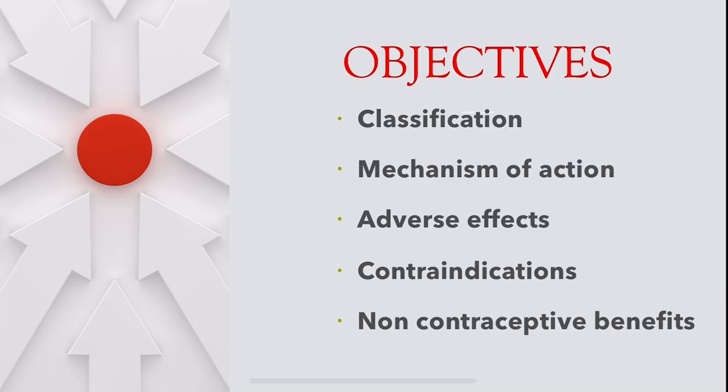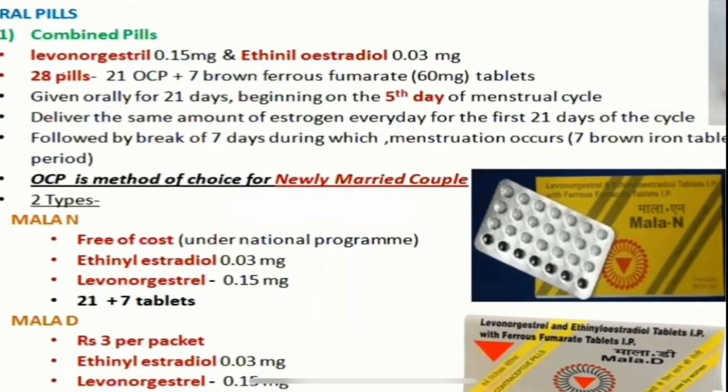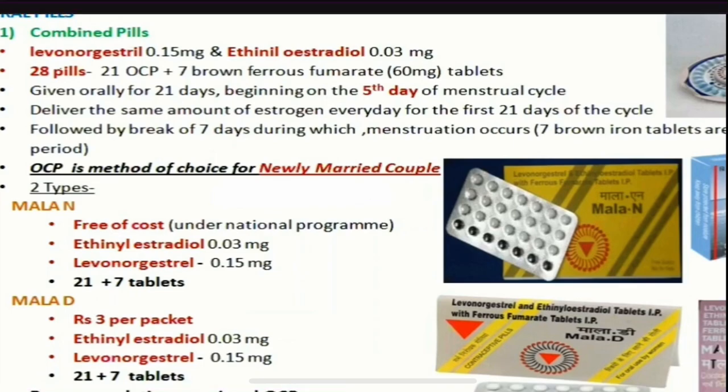Under the combined pills, we know that it is one of the major spacing methods of contraception. What is the content? It contains levonorgestrel and ethinyl estradiol. This is very important.